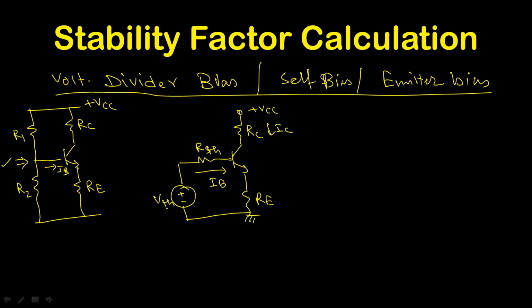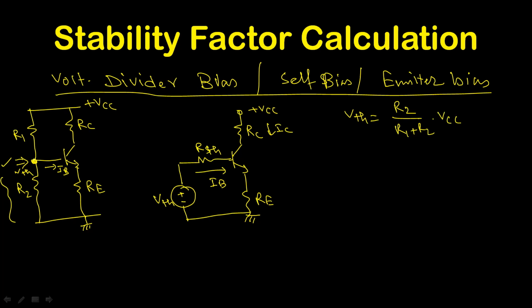So what will be the value of VTH? VTH is the voltage here, so we are looking at this terminal. That is basically the voltage drop across the resistance R2. So for VTH we can apply the voltage divider rule: R2 by R1 plus R2 into VCC.